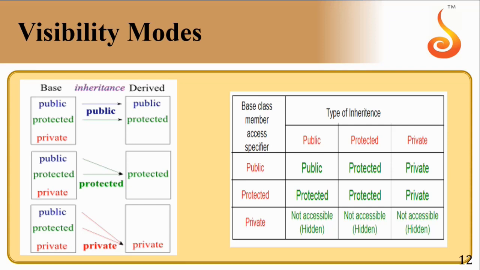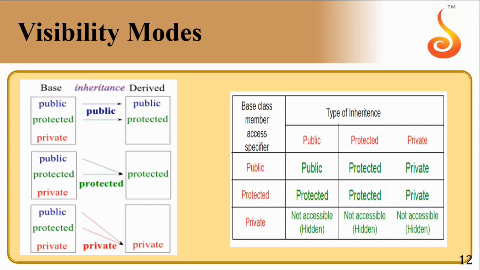You can inherit protected data, and it is accessible to its own class members as well as the derived class members, whereas private data can neither be inherited nor accessed outside the class. So when I say protected visibility mode, the public data goes to the protected section of the derived class, as well as the protected data goes to the protected section of the derived class.